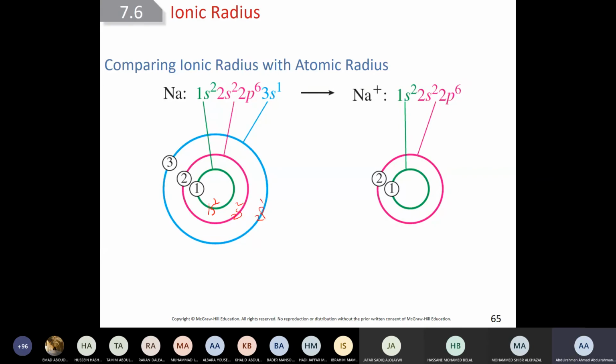If you take the electron from sodium, what will happen to the size? Decrease. Apparently decrease, because you took a whole circle. So the blue circle is gone. There is no more blue circle because it's gone. Clear?